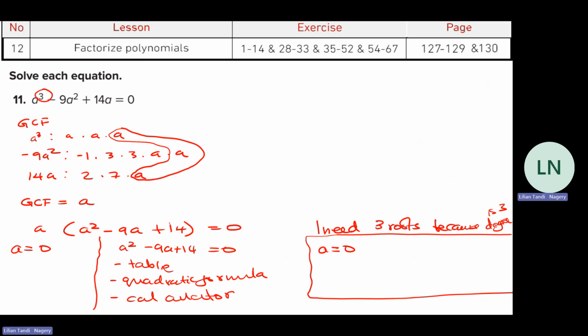When you do, you should get, on your calculator, you should get A equals 2 and B equals 7.